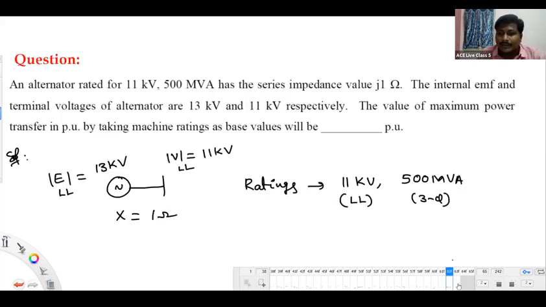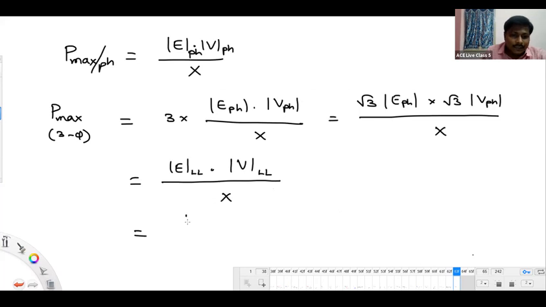What is V line-to-line? 11 kV. So this is 13 kV and this is 11 kV, by X value 1 ohm. And kV squared over ohm, it will be megawatts. This is the maximum power transfer capacity. How much is this one? Tell me please.